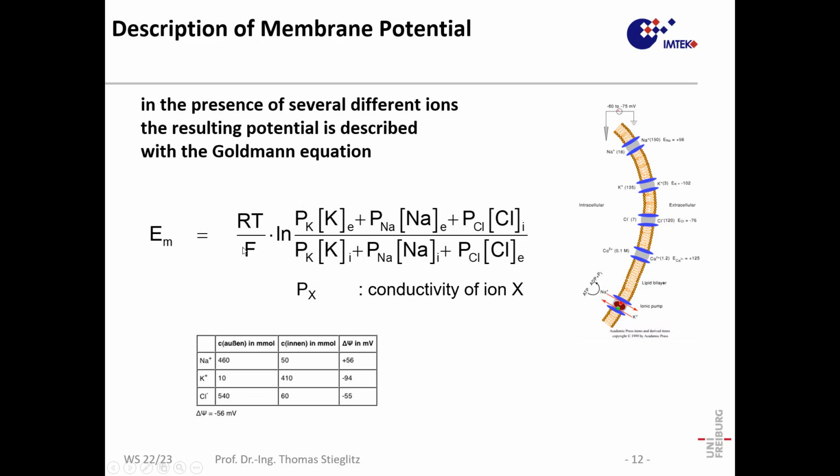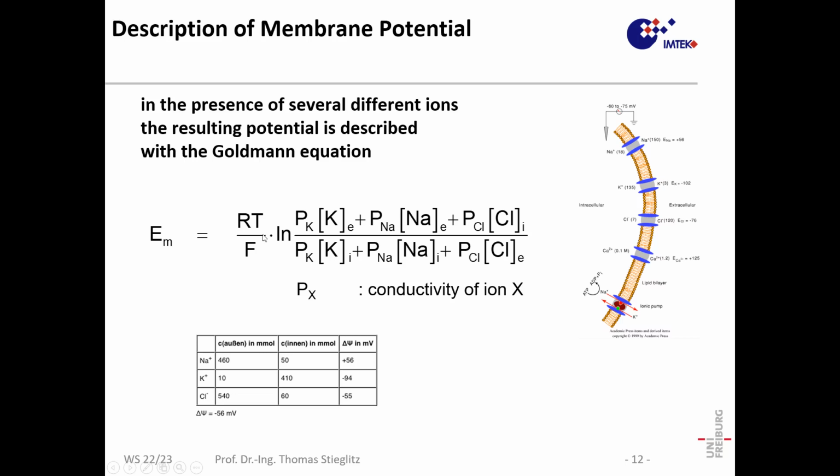And if you look sharply here in the denominator, you don't see the charge number. The reason for that is that the charge number of sodium, potassium, and chlorine is 1. So if you multiply something with 1, it doesn't matter. But take care, if we take the sign into account, the sign of chlorine is -1.